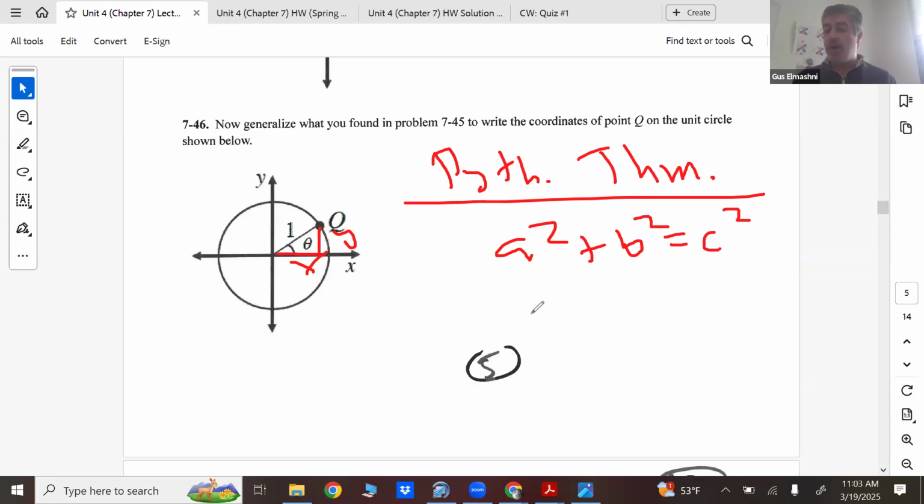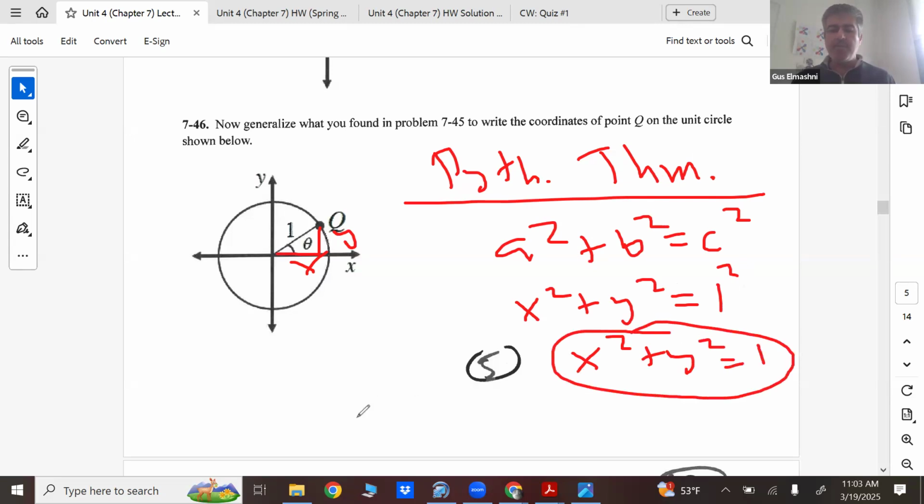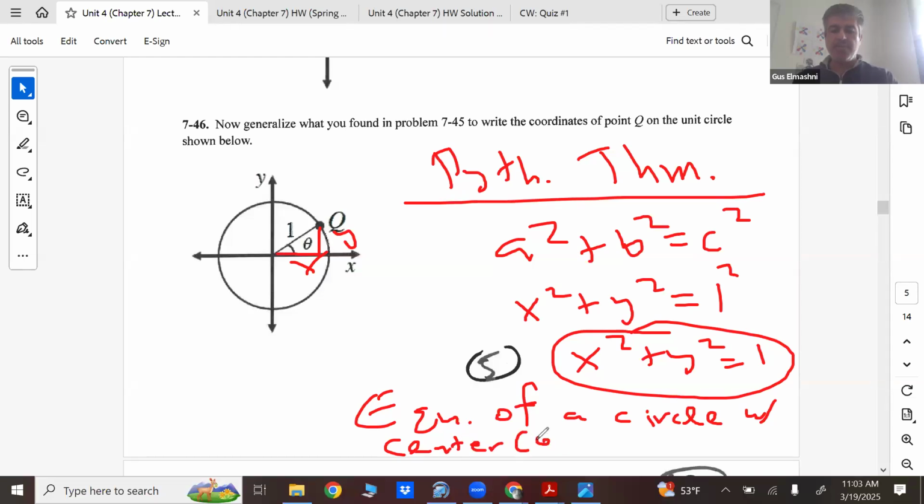My a and b could be x and y, interchangeably, and my c is 1. So x squared plus y squared equals 1. That is the equation of a circle with a center at 0, 0.